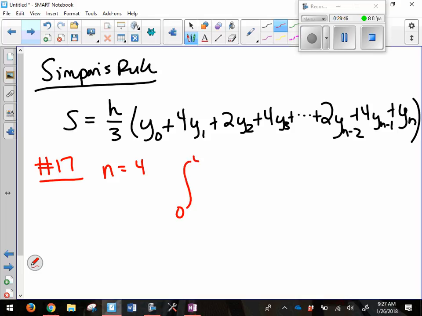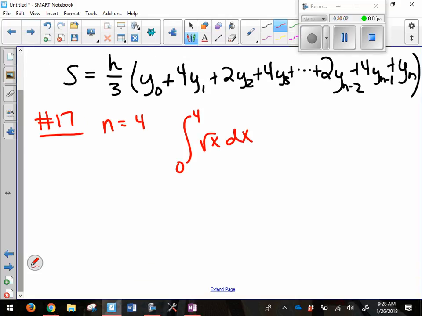So our integral goes from 0 to 4 of radical x dx. It's probably going to be like a trapezoid with a curved top. I think there's a picture in the book.